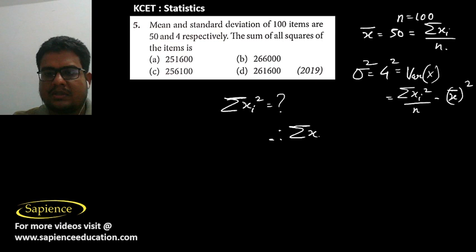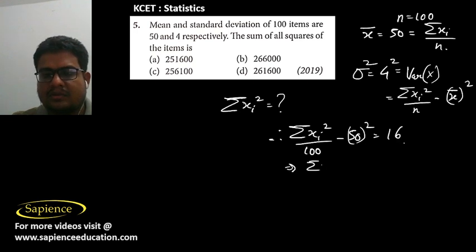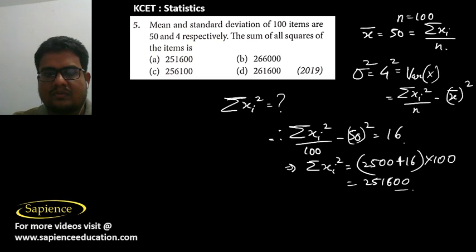Therefore, summation xi square by 100 minus 50 square is equal to 16. Therefore, summation xi square is equal to 50 square, that is 2500, plus 16, into 100. So that is equal to 251600. Option A is the correct answer.